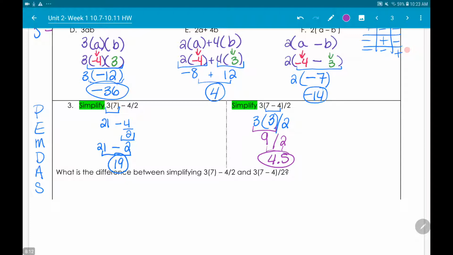So what's the difference between simplifying them? Okay, we see that the order matters, all right?